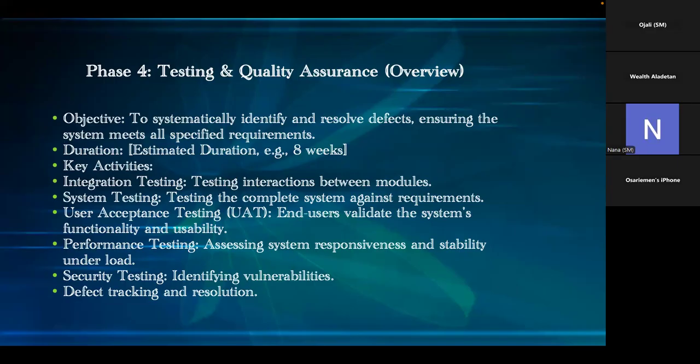There will be integration testing. That's when you integrate all the different components together. Then you test them. There will be system testing. You test the complete system itself. Then there will be user acceptance testing, where you put this to the end users, the people that are supposed to use it eventually, bring it to them.